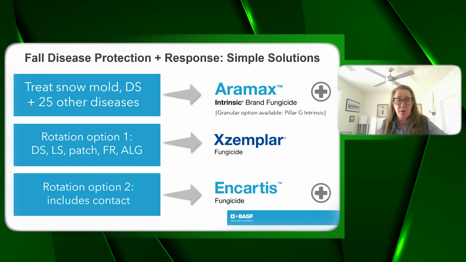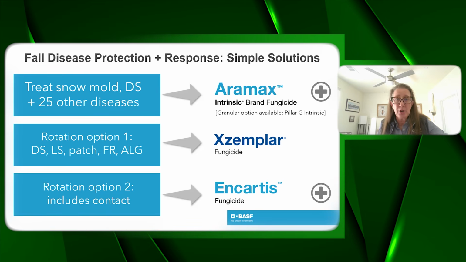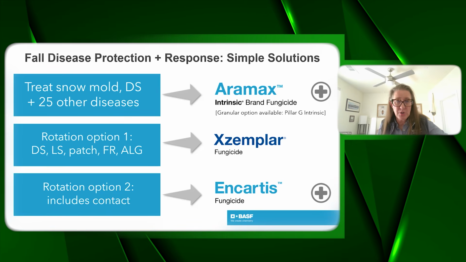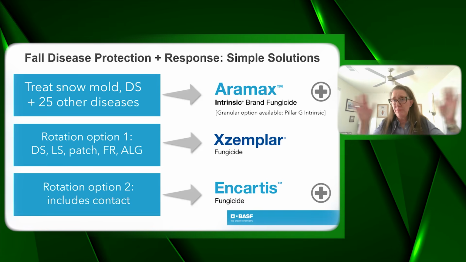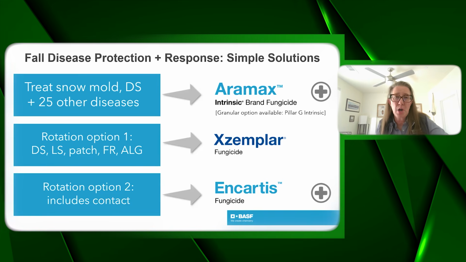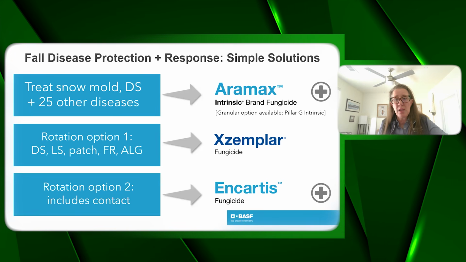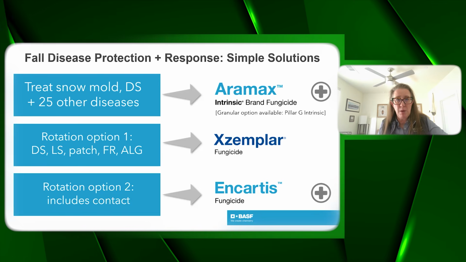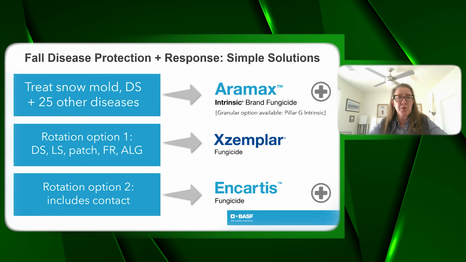You have rotation options. Exemplar will pick up dollar spot, leaf spots, patch diseases, fairy ring, algae. Encartis will pick up algae and those patch diseases as well as dollar spot too. And it's a good start and stop finish product with some contact in it with the chlorothalonil. So lots of good options, and then big broad spectrum options as well with Lexicon and Navicon. And we have other options as well too.